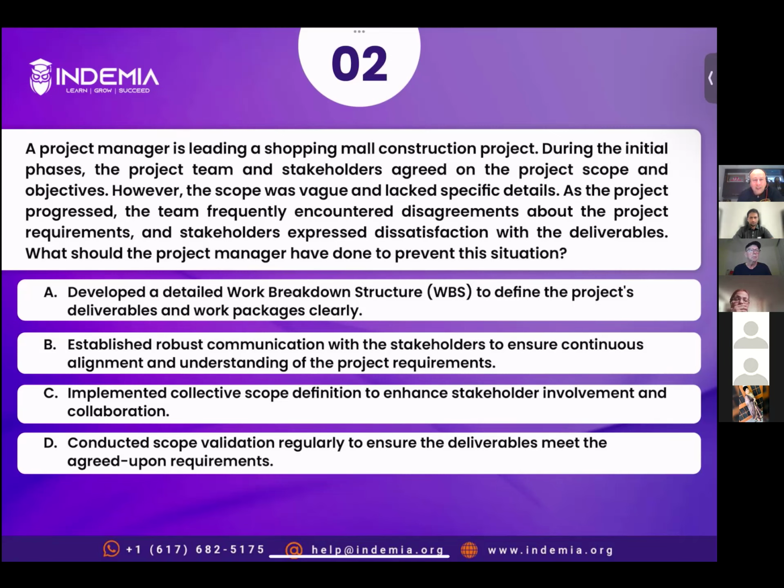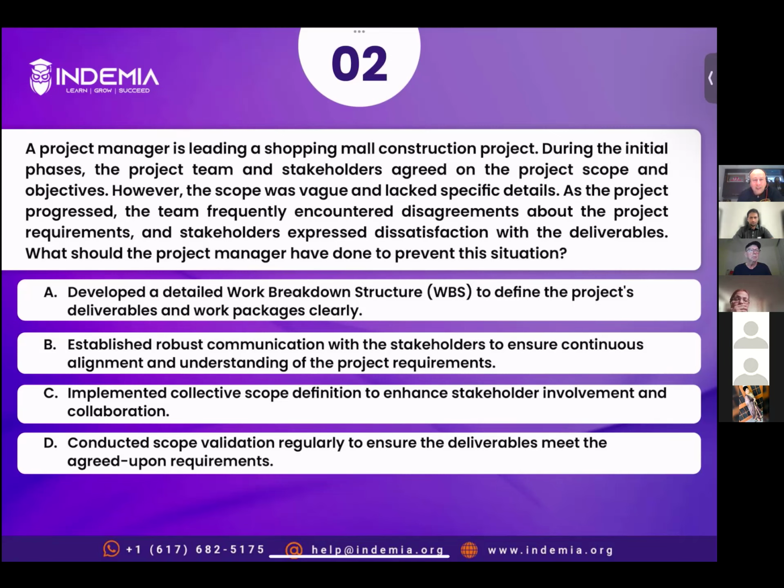Basma, you have chosen option B. I changed it. I apologize, but I changed it to C. Is it okay? Can I explain why? Yeah, go ahead. First I thought it was a communication issue, but then I looked at the question again, and it said that they knew what the scope was, but the details were vague.